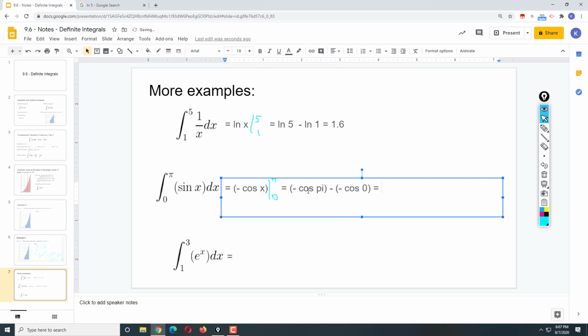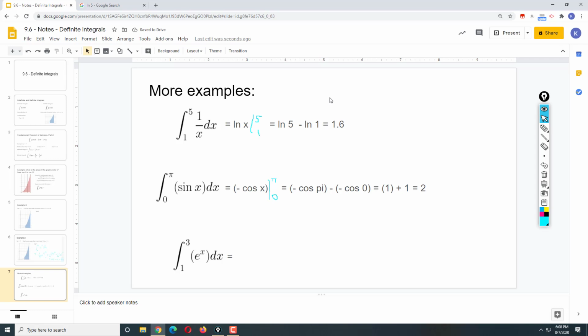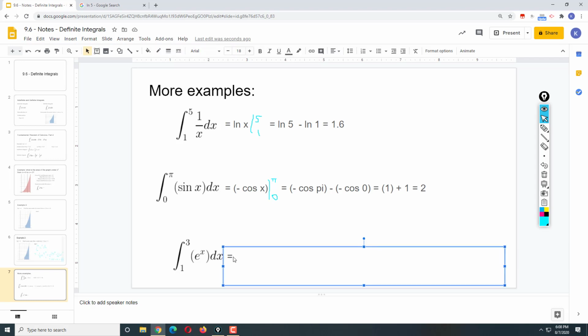Cosine of pi is negative 1, so negative of negative 1 is 1. Cosine 0 is also 1, so we have another negative of a negative, so it's 1 plus 1, which is equal to 2.